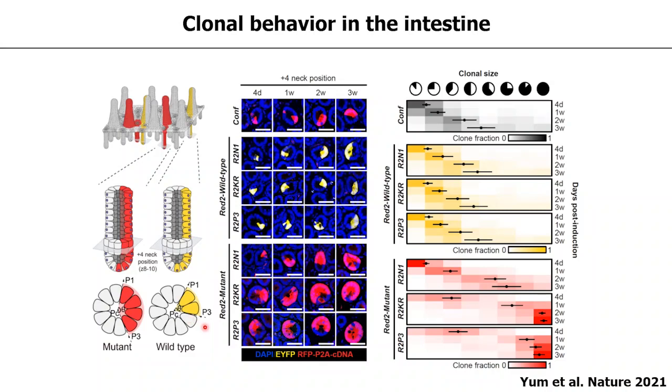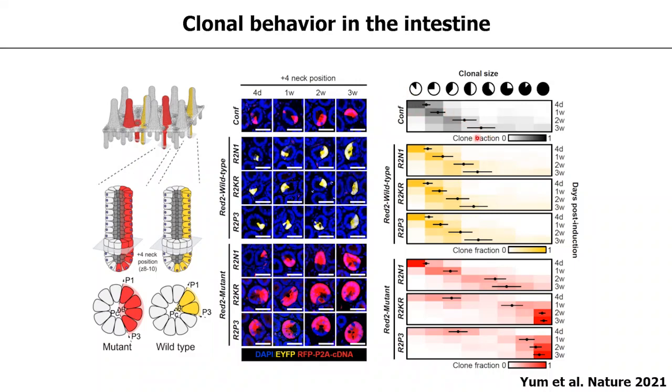And over time, if we have a label here, then one stem cell can increase its clone size into 2 or more, until it occupies the entire crypt base. And this has been nicely observed in the confetti system, so we already know how they look on day 4, 1 week, and 3 weeks, and this is the clonal size distribution in the tissue.